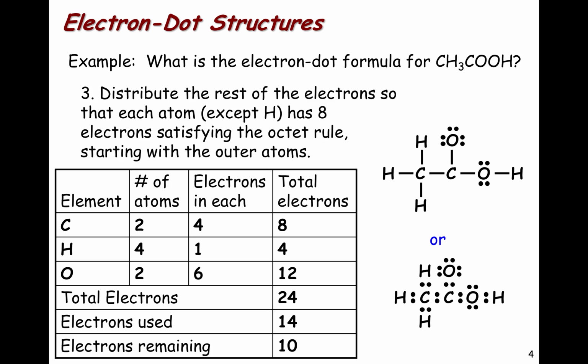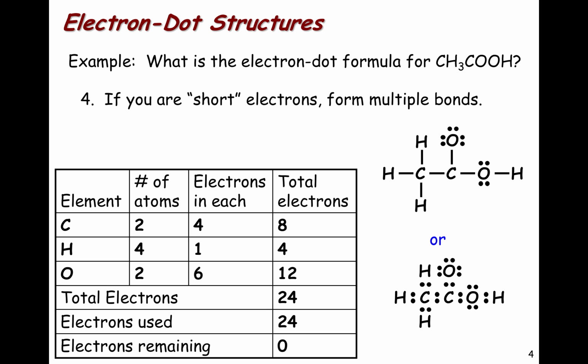At this stage, we can inspect to see how many of the atoms have octets, or in the case of hydrogen, the duet. Each of the hydrogens is fine, the 2 oxygens are fine, but one of the carbons does not have 8 electrons.